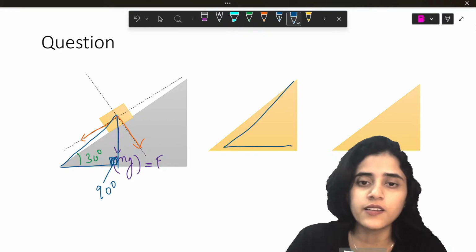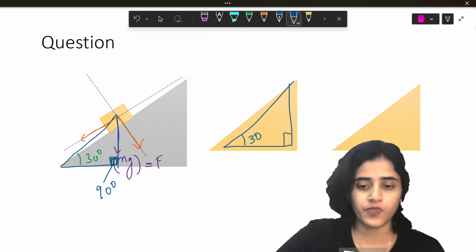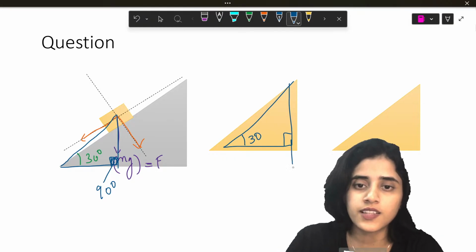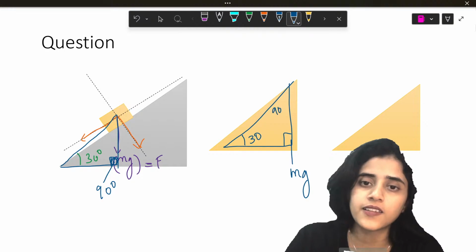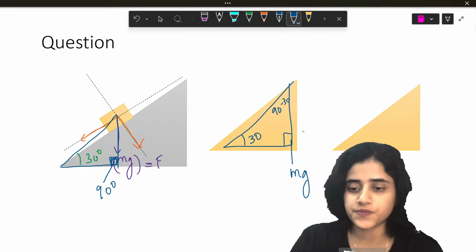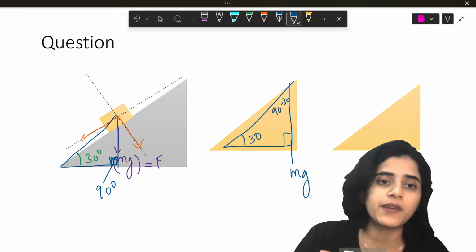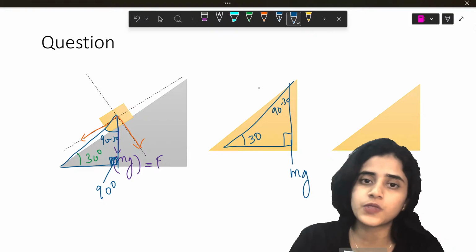So in this triangle, this is 30, this is 90. So how much would this angle be? This is the line mg. This will be basically 90 minus 30. Do you understand that? That will be 90 minus 30.